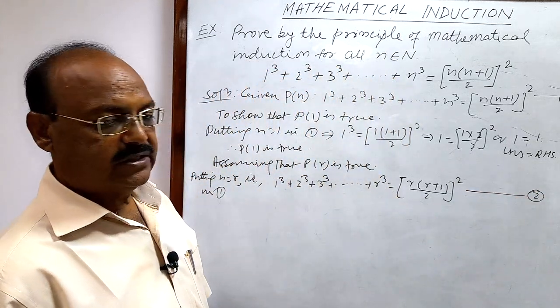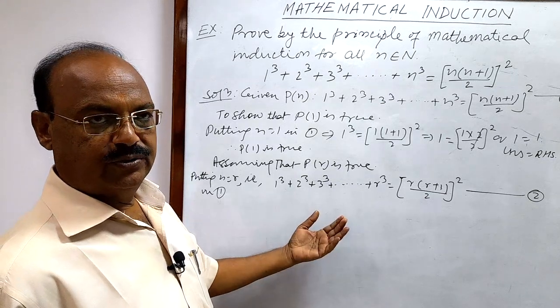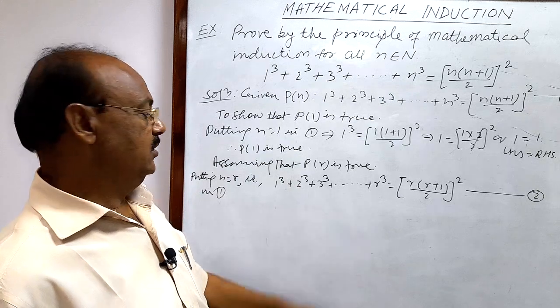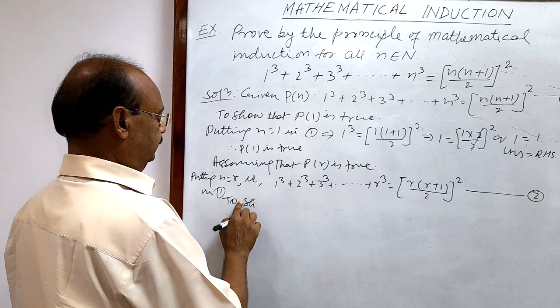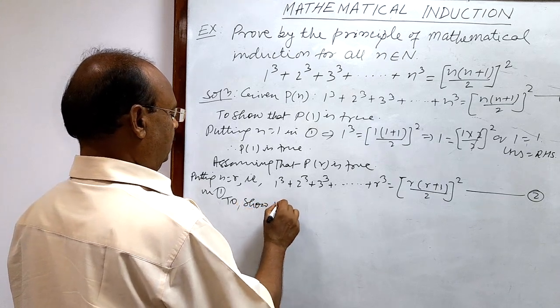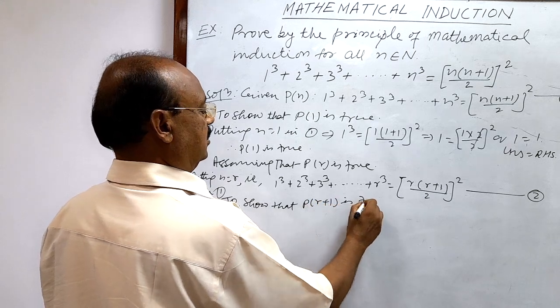Now the third and last step, here we have to show that Pr plus 1 is true. Means we will put here n is equal to r plus 1. So now we have to show that Pr plus 1 is true.